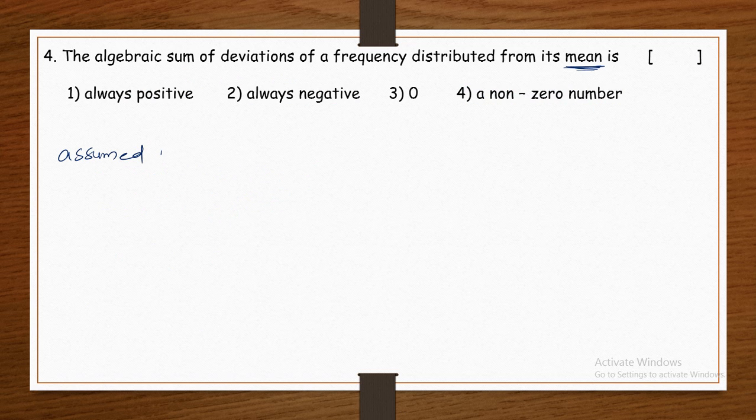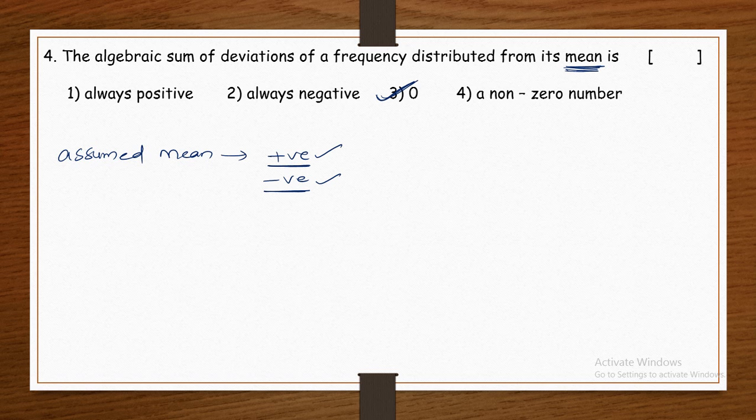Whenever you consider the assumed mean, you are going to get the sum of deviations as either positive or negative, because this assumed mean may not be the actual mean. That's why we get the sum of deviations as positive or negative. If that assumed mean becomes the actual mean, then the sum of deviations will always become 0.